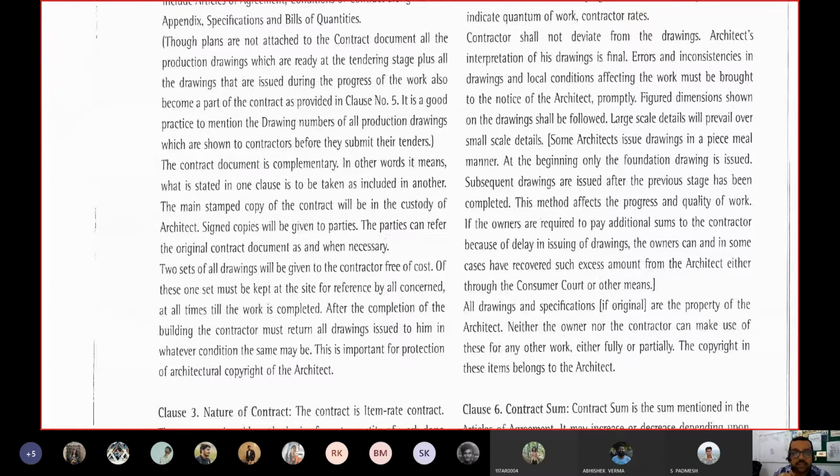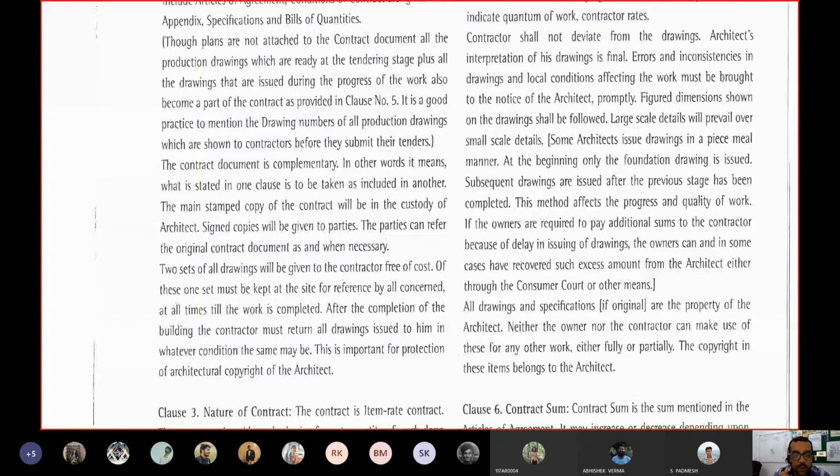It will happen sometimes. You go to an AutoCAD plotting shop to get a plot, and he sees that, okay, I have a good design, let me keep a copy of that. And he will start practicing like an architect without an architectural registration and all. So that is a punishable offense, because every architect or every architectural firm has an inbuilt architectural copyright on their work of art, because their design is their work of art.